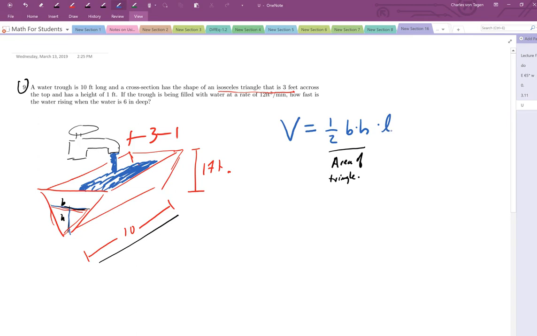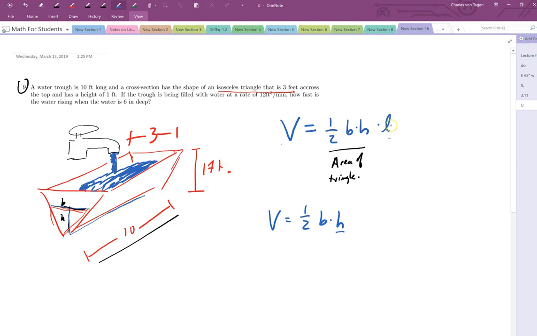Okay. Well, this is a fairly complicated looking equation in that volume is dependent upon 3 separate variables. So any of these variables that we can eliminate will make our problem easier. Well, there's one clear substitution right off the bat. What is that? The base is going to change as this trough fills, and the height is certainly going to change as this trough fills, but what's not going to change?